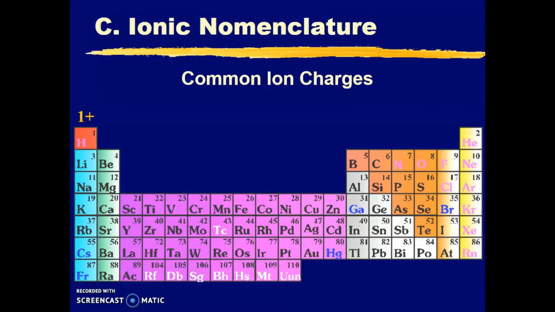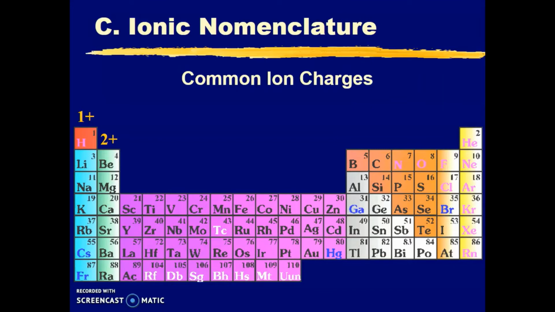And so it's much easier for them to give up that electron to some other element than it is for them to try to gain 7. So they take on a positive 1 charge because they like to get rid of that electron. The second column, 2. They have a positive 2 charge because, again, it's easier for them to get rid of those 2 extra electrons than it is for them to try to gain 6.